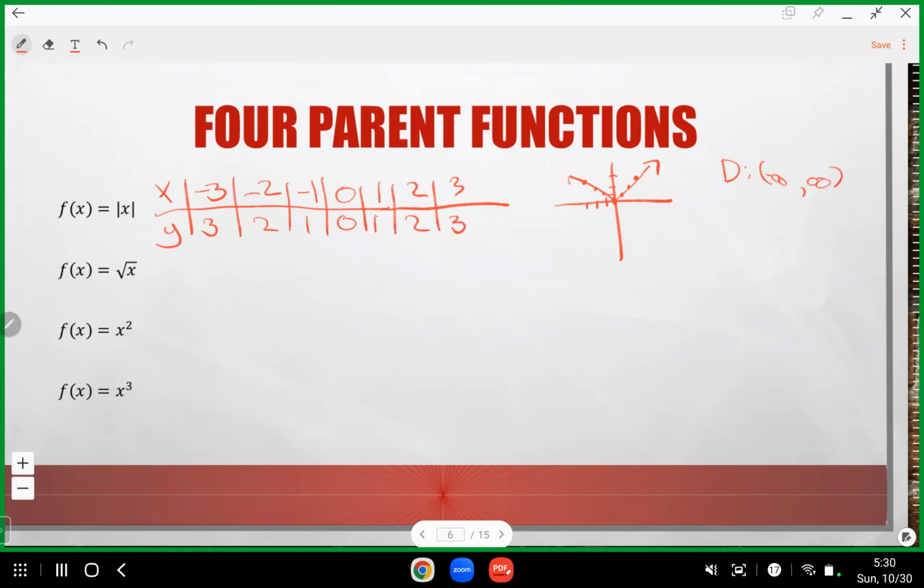If you put in any x, no matter what x it is, as long as it's a real number, y is always real. When you look at domain, we look at restrictions, and there are no restrictions on x. But if you look at y, what are some restrictions on absolute value? It has to be greater than or equal to 0. So our range is greater than or equal to 0, 0 to infinity, and you'll see that in this graph.